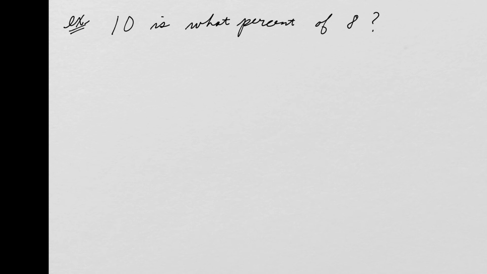So my base is going to be the 8, right? Remember, it's the thing after the of, so 8. The amount is going to be the other number, which is 10. And notice here that my unknown is my percent, right? So that's going to be x over 100. And then I want to solve this for x.